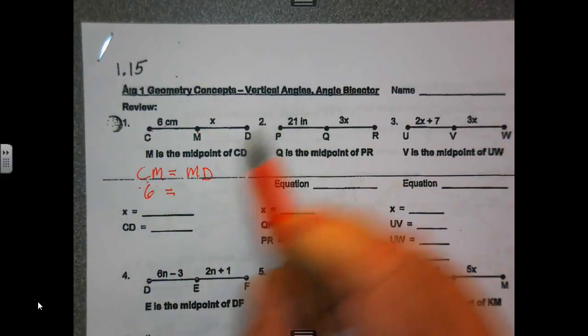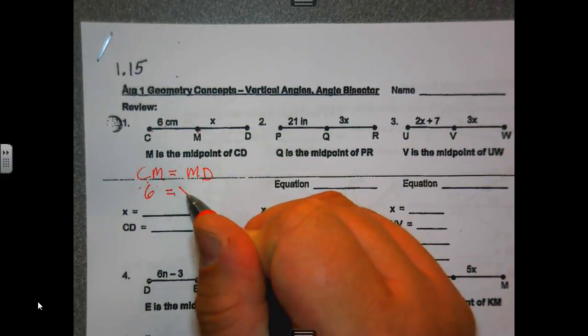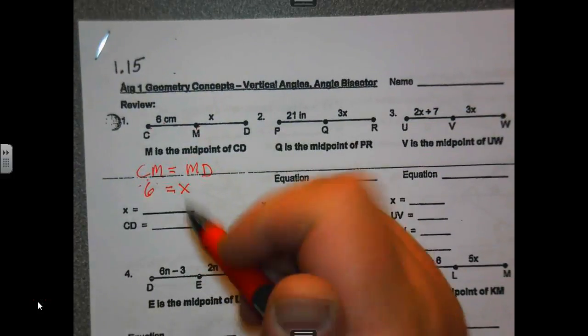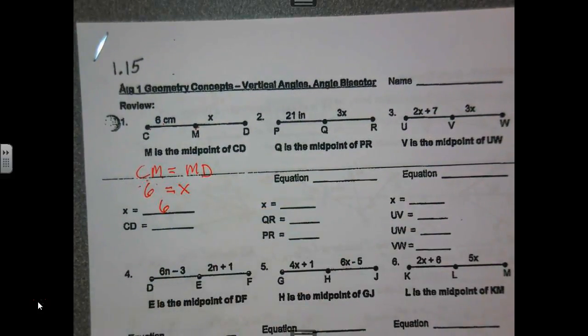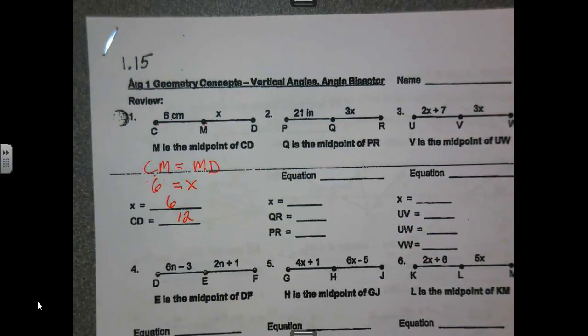I know it equals the distance from M to D, which is x. This one is as simple as it gets. x is 6. What's the measurement of the whole line if one small one is 6? That's right, 12. 6 plus 6.